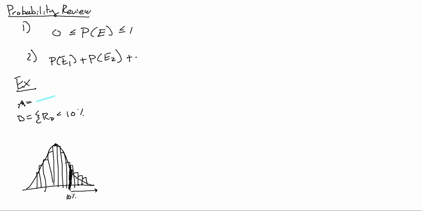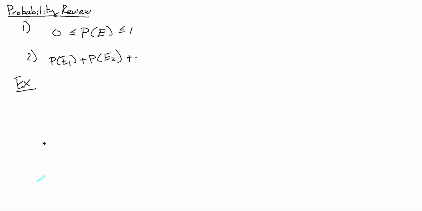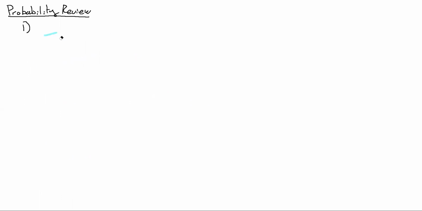The probability of both A and B happening at the same time. Let me clear out some of this so we can do the notation. All right, here we go, so let's say you have events A and B.